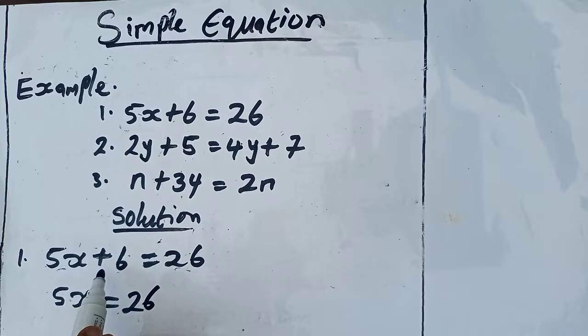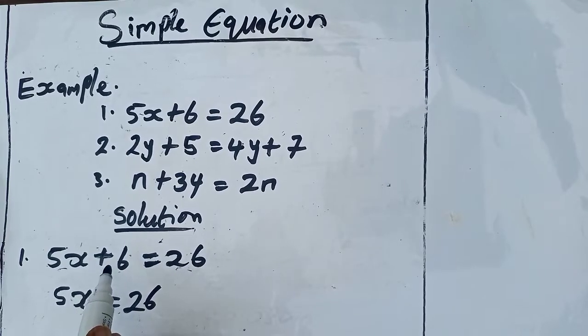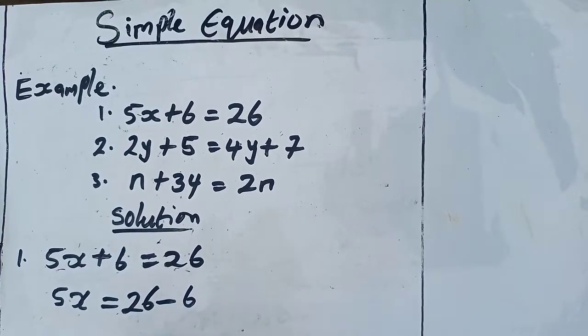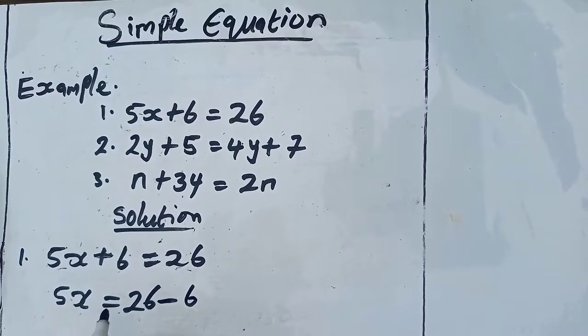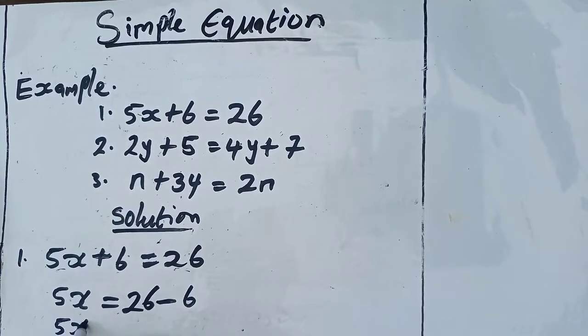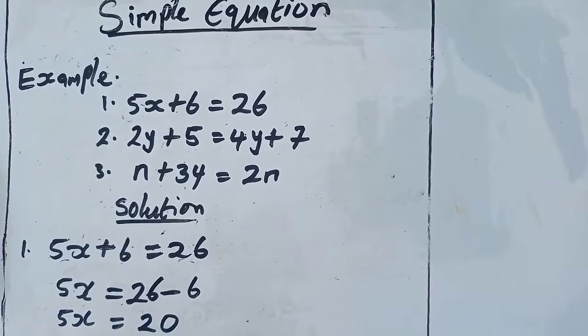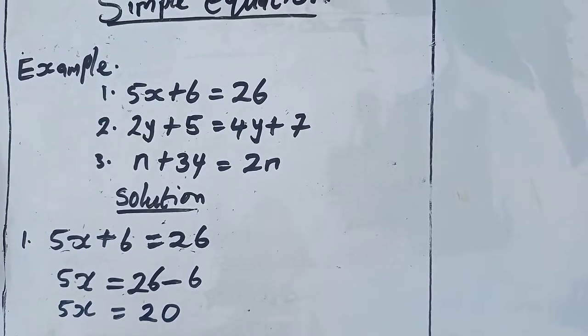In this case, we have a positive, so you change to negative. So if we move this 6 to the other side, it becomes minus 6. We have 5x equals 26 minus 6, which gives us 20. So we have 5x equals 20.